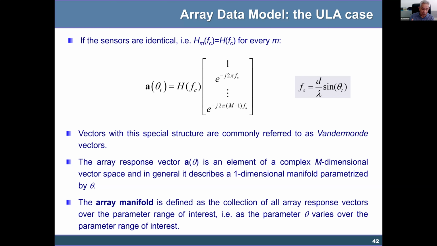So the array manifold is the set of all the steering vectors that you obtain by changing the parameter theta. Because A depends on theta in a different way for different geometries, the array manifold depends on the array geometry. The array geometry determines the array manifold.